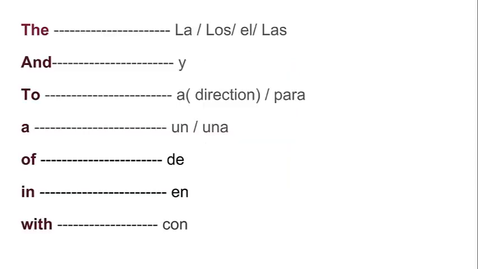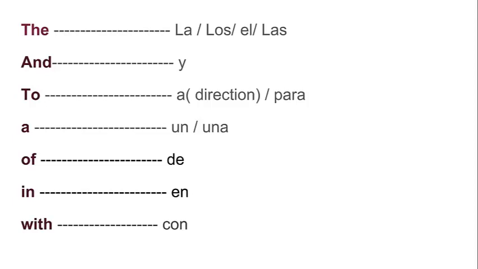The number 1. The, la, los, el, or las. It depends on the gender and if it's singular or plural. The next one, and, y. To, a, when it comes to direction, or para.